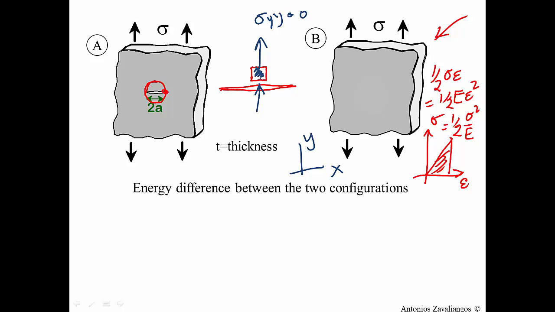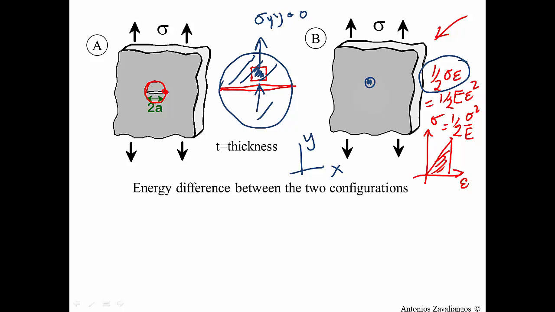Therefore, we have a substantial reduction of the stress at this point, because remember, before that area had an energy per unit volume that we calculated here, but here it has no energy at all. And so we will make the assumption that a cylindrical area around the crack is free of stress.